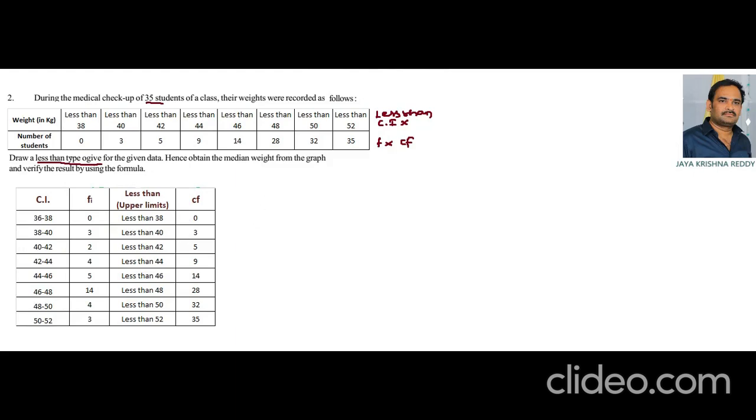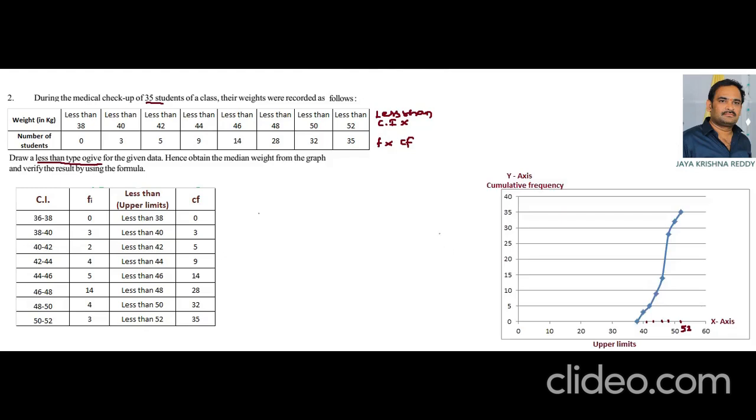Now we are going to draw the graph for this data, which means we are going to draw the less than type ogive. This is the less than type ogive of the given data. On the x-axis, we have taken upper limits of the class intervals: 38, 40, 42, 44, 46, 48, 50, 52.